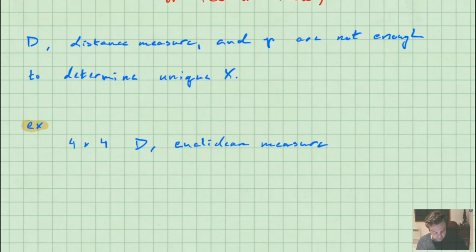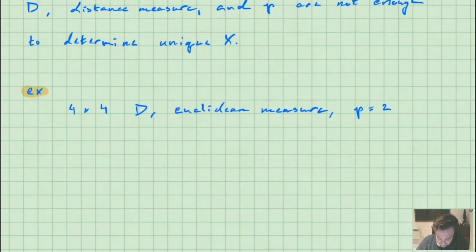This could be one that was really just constructed from a data matrix, and you were told that the number of variates was 2. Is that enough to determine X? It's not, so let's see why.